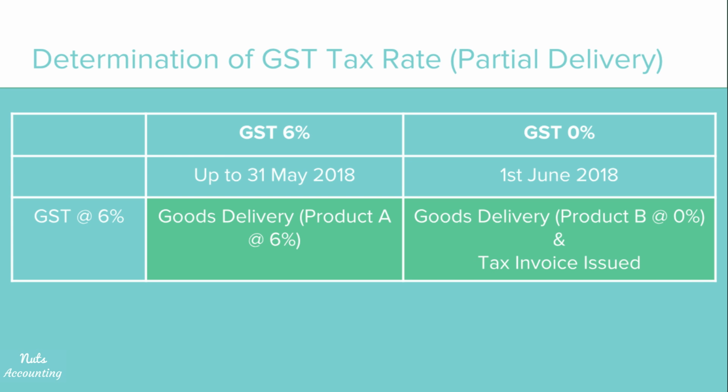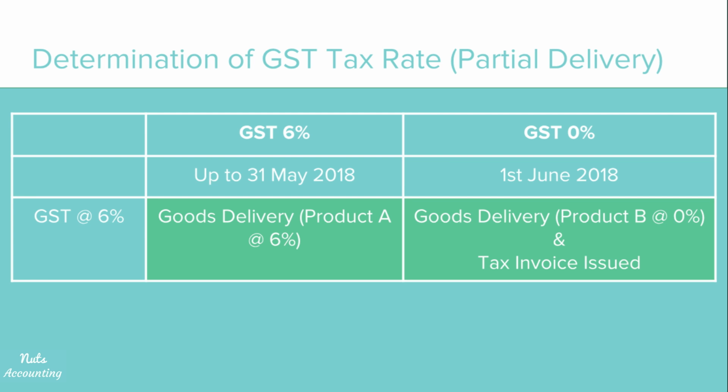What happens during a partial delivery? For example, your customer has ordered two products, product A and product B, but you deliver product A on 31st of May and product B probably one week later when you receive the stock, which is already past the June timeline.